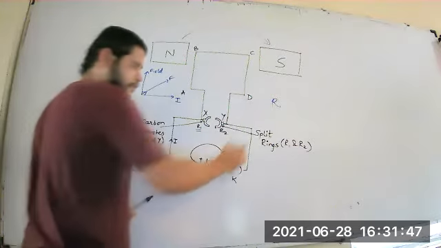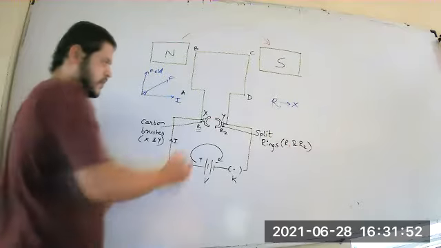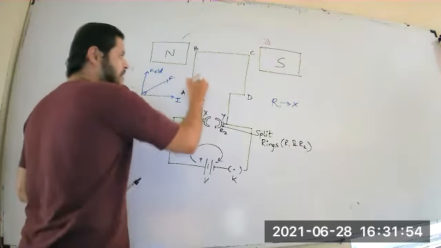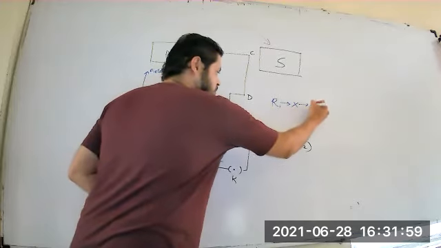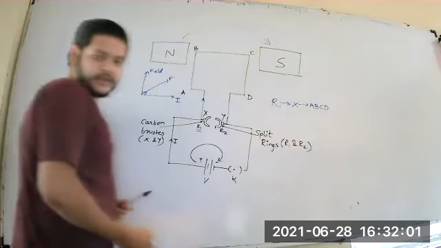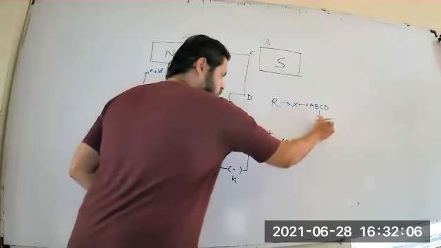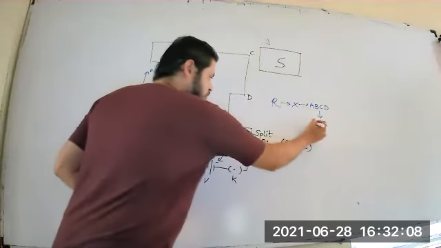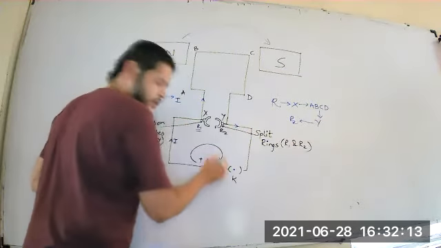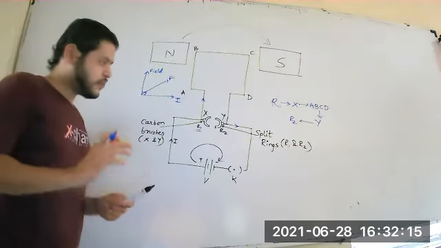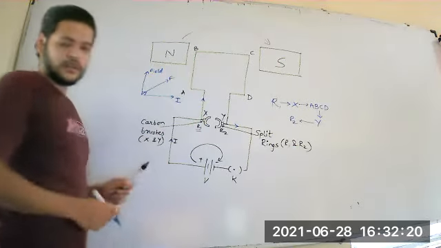From R1, it will go to the brush X. From X, it will enter the coil A, B, C, D. Then from D, it will come to the brush Y. From Y to R2, and it will complete the circuit. So this is the initial direction in which the current is flowing.